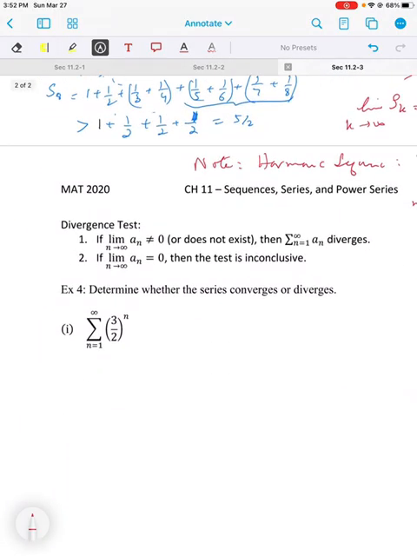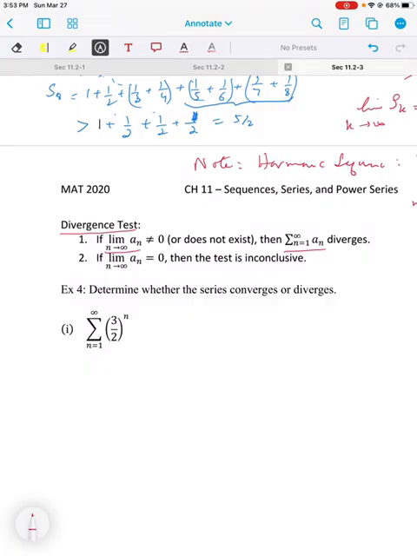Sometimes when we are checking the convergence or divergence of a series, it's easier to check if the series diverges. If the series diverges, we don't have to check the convergence of the series, because if it is diverging, it cannot be converging. And the divergence test says that if the limit of the nth term is not equal to 0, or if this limit of the nth term does not exist, then the series sigma a sub n will diverge.